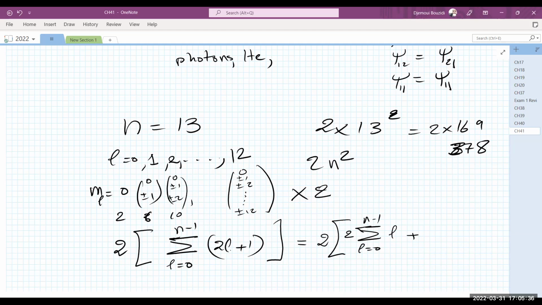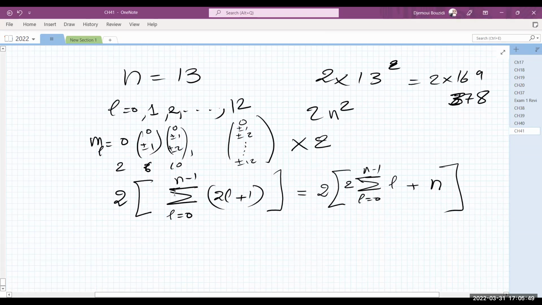It's not n minus 1 because I'm counting the 0. This is 0 based. So this is actually n, that's all. So all I'm adding is 1 from 0 to n minus 1. Make sense? Yes? Okay.